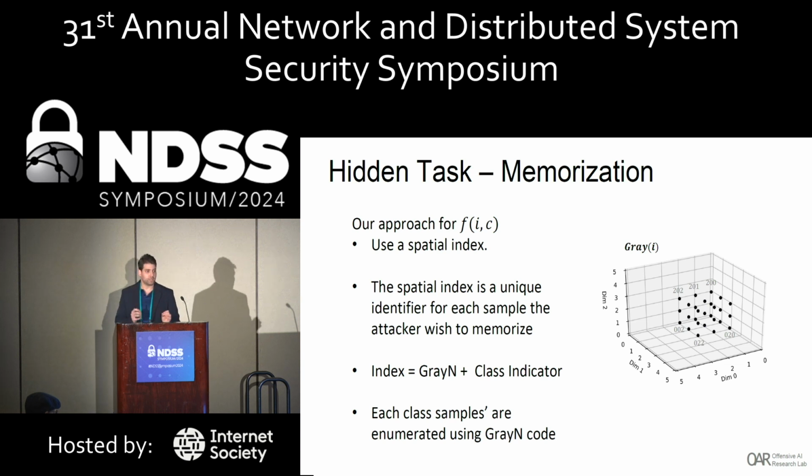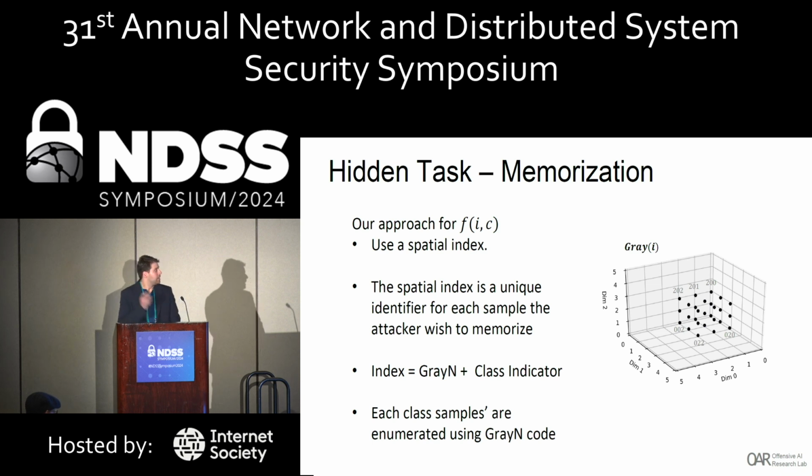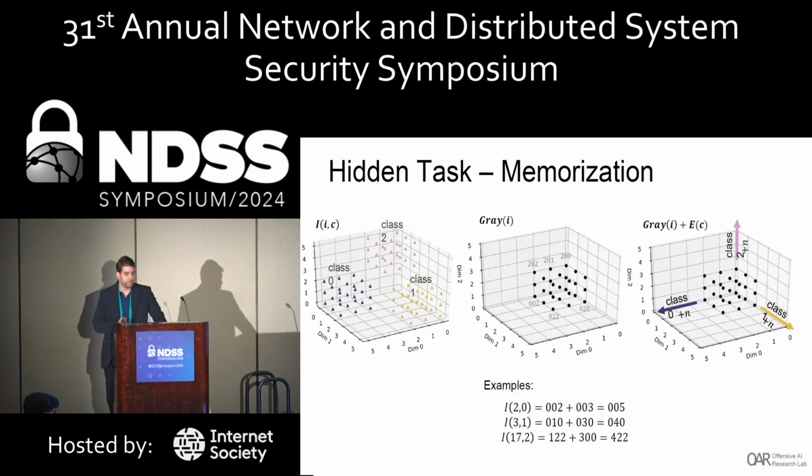The idea is pretty simple. Each class's samples are enumerated using the gray code, and then this representation is separated according to the classes using the class indicators. Let's take a look at how it looks.